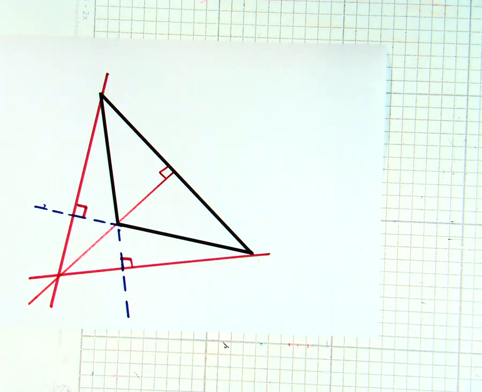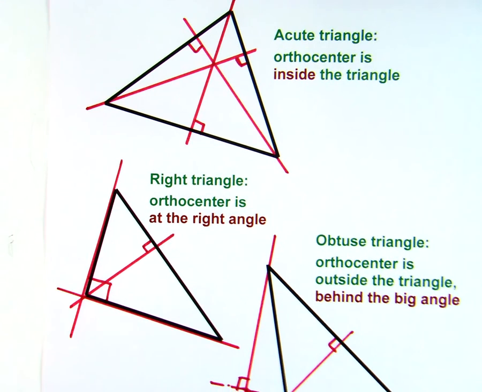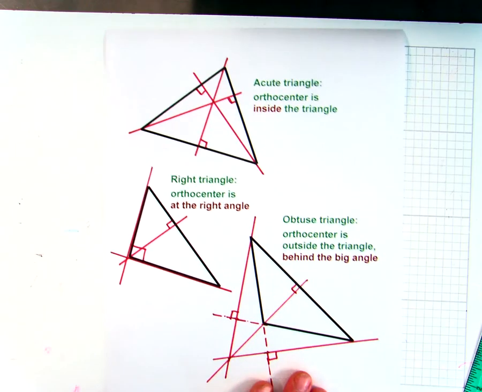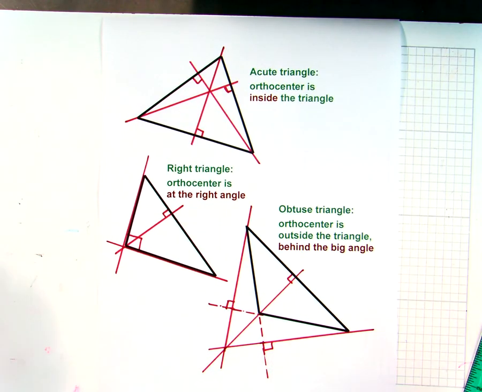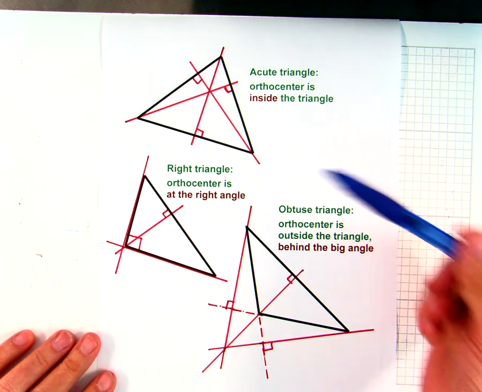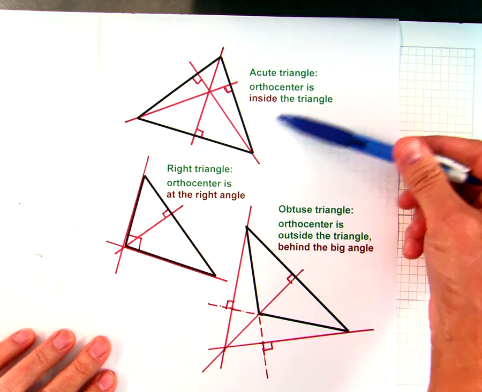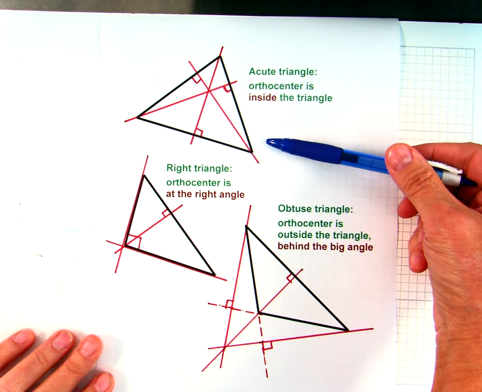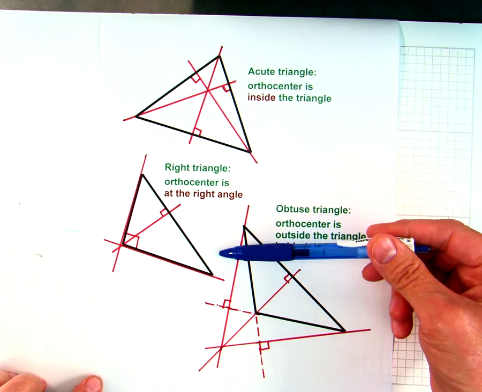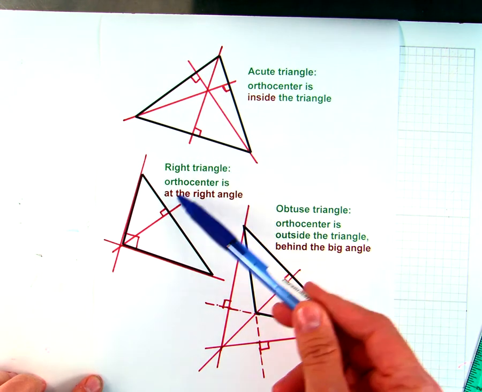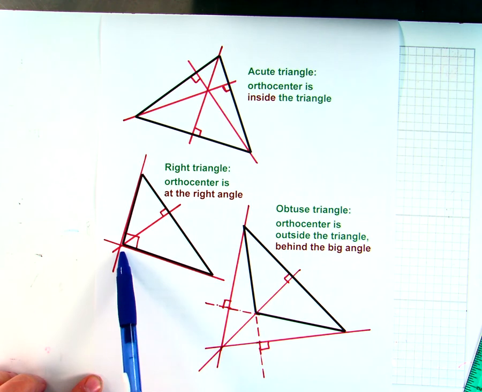In summary, we notice how the orthocenter relates to the different types of triangles. Here in the acute triangle, the orthocenter is always inside the triangle. In the right triangle, the orthocenter moves back to the right angle itself.